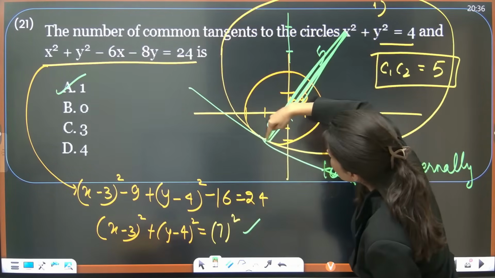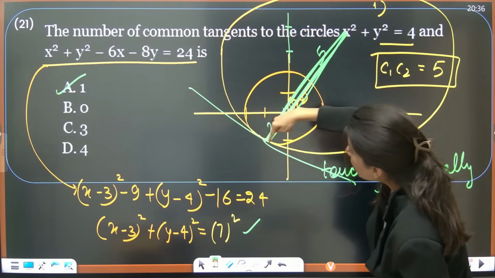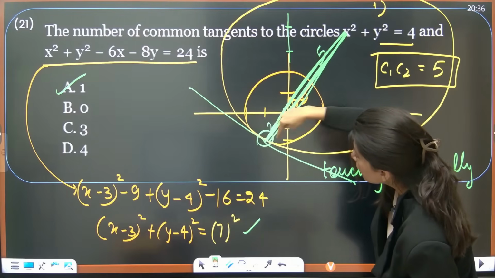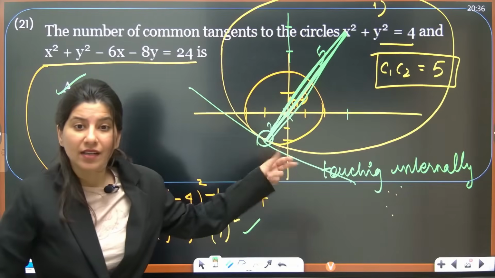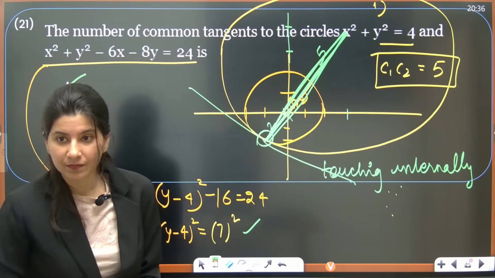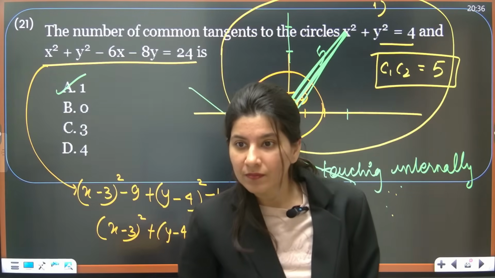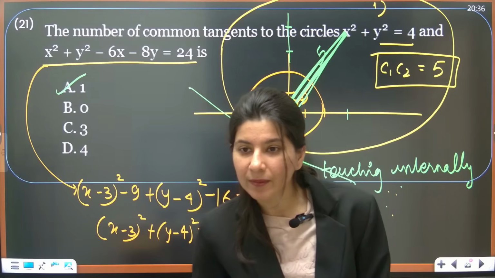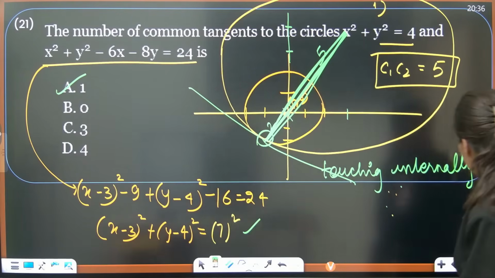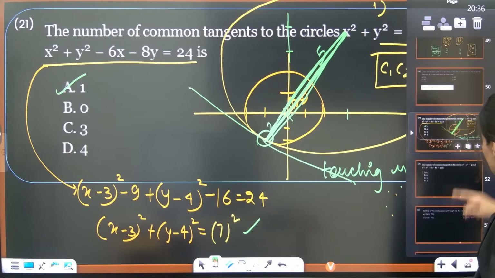Now the bigger circle will pass through this point. So it will touch the given circle internally. Perfect. So one is a very good answer, one is the correct answer.